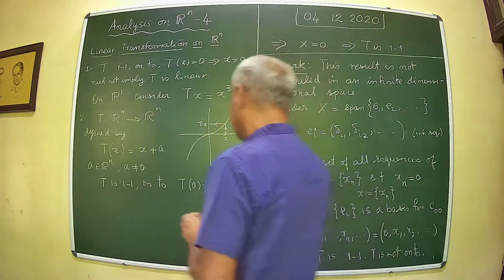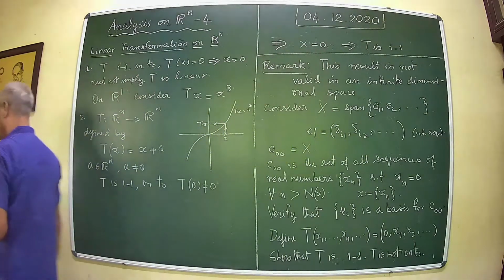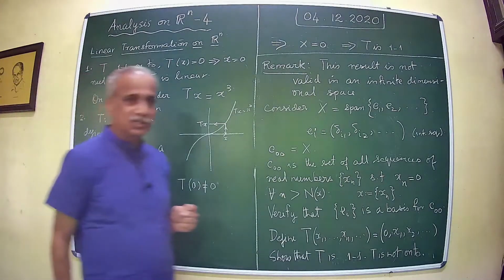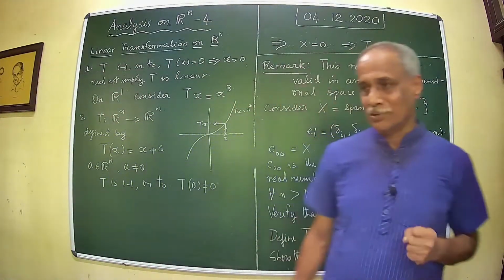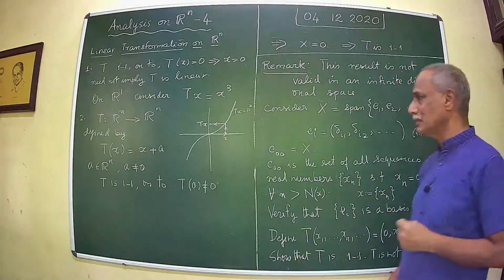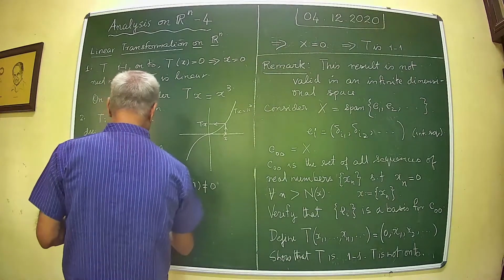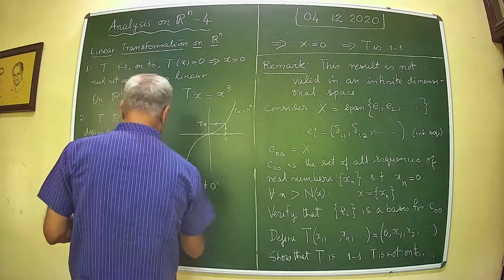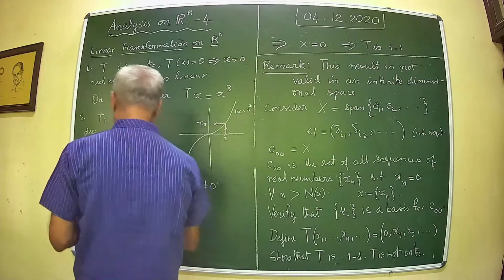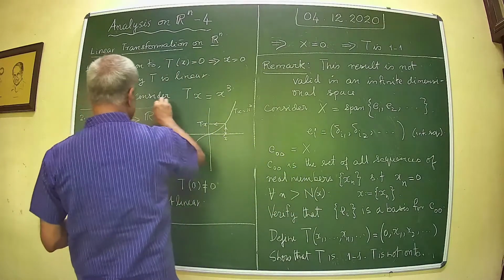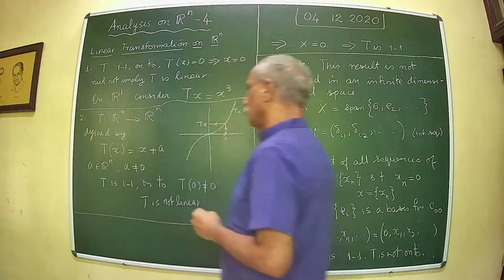And therefore T cannot be linear, because if T is linear, then you have already shown that T0 is equal to 0. So this is not linear. So one cannot omit the statement that T is linear whenever you talk about 1 to 1 and onto.